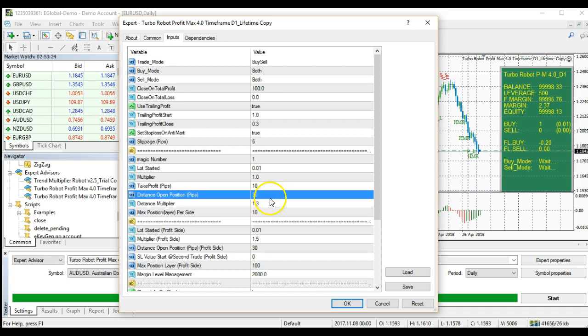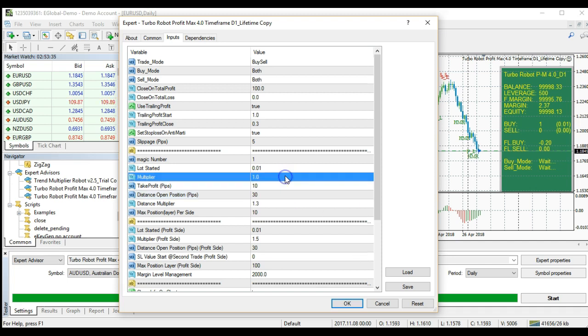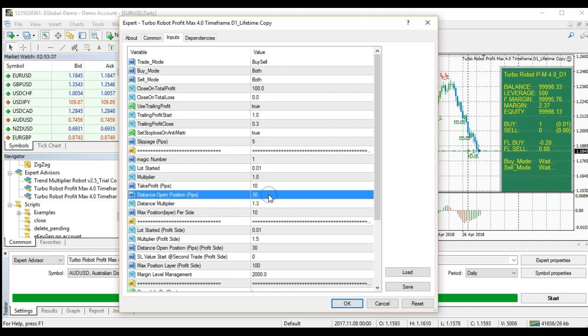The next is distance position. This is the portion where, since I don't want to use martingale, the multiplier would otherwise be multiplied by the distance you have to your next position at that particular lot size.